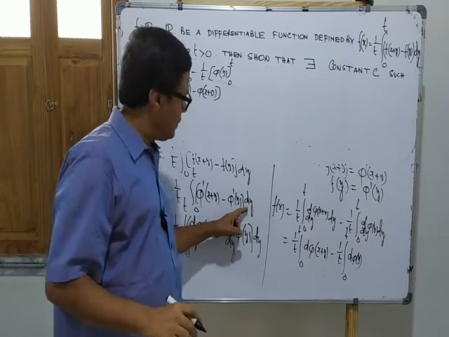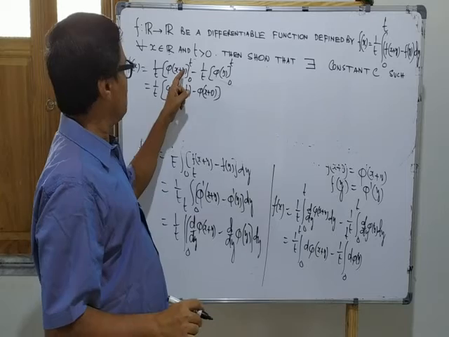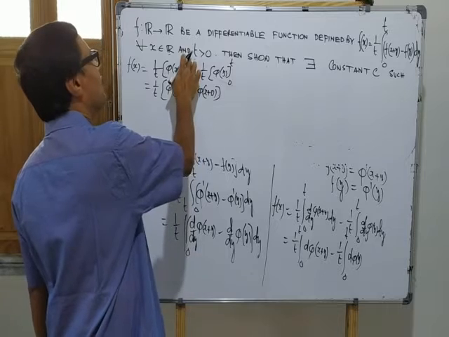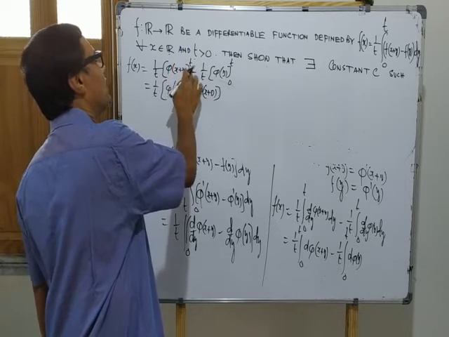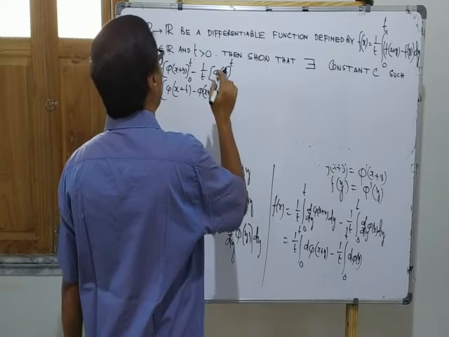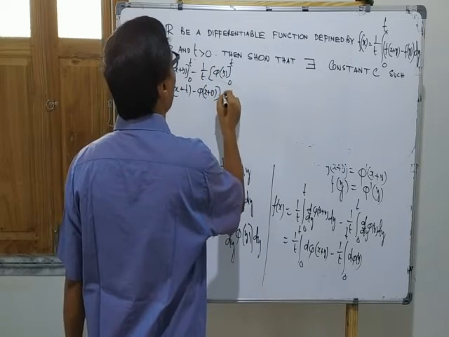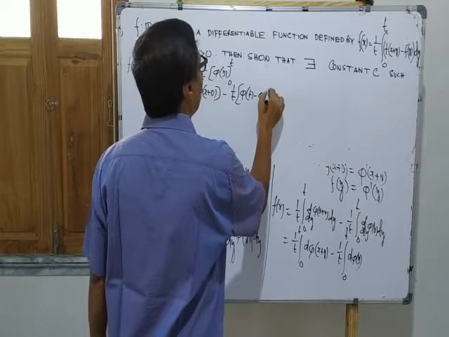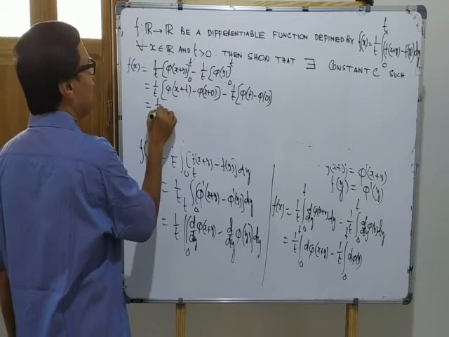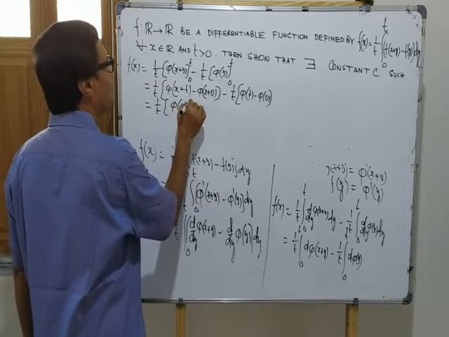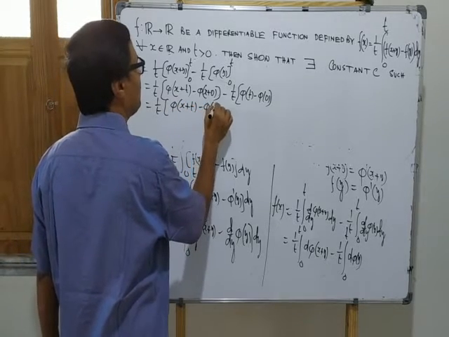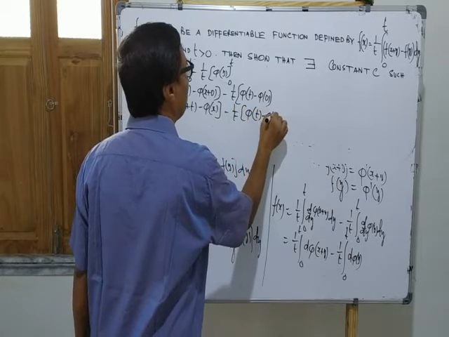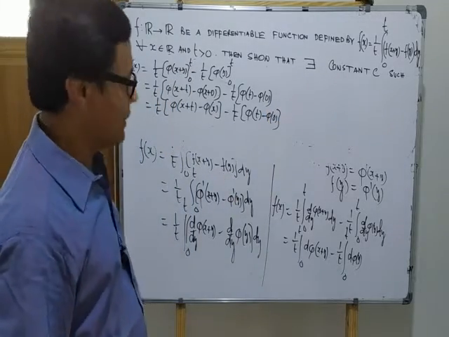We can put these two limits of y, minus 1 over t [phi(t) minus phi(0)]. So we have 1 over t [phi(x plus t) minus phi(x)] minus 1 over t [phi(t) minus phi(0)]. We have got this result.